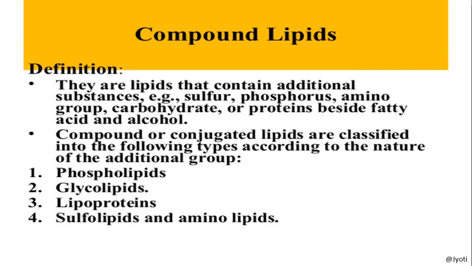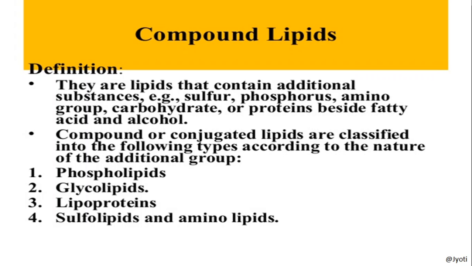Compound lipids contain additional substances other than carbon, hydrogen and oxygen. So along with carbon, hydrogen and oxygen, they may have sulfur, phosphorus, amino group, carbohydrate or proteins. So besides fatty acid and alcohol, they have sulfur, phosphorus, amino group, carbohydrate or proteins.